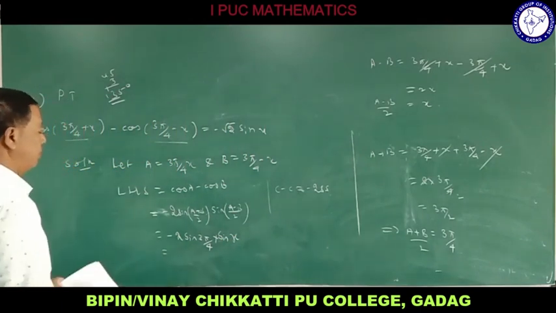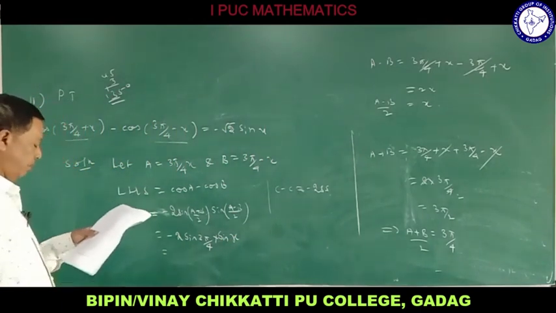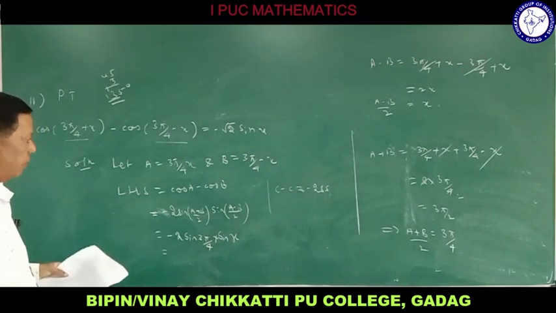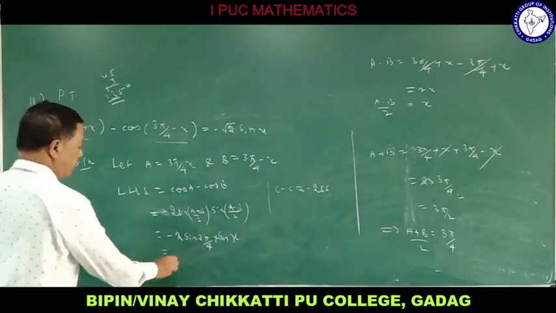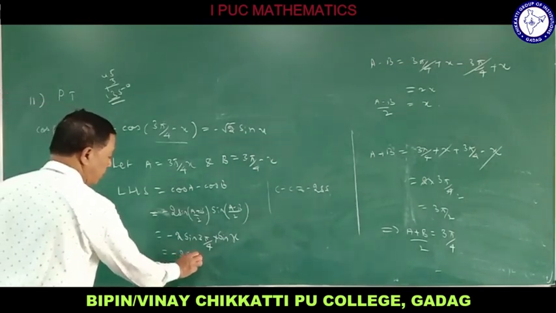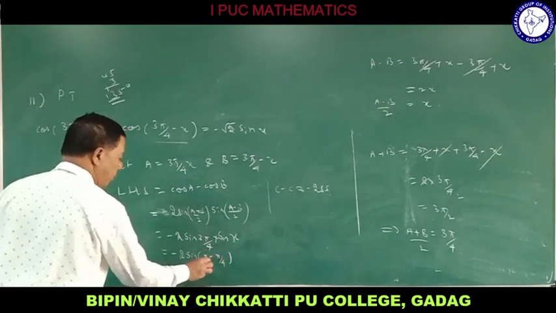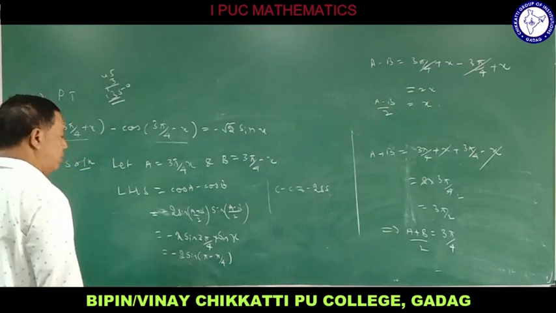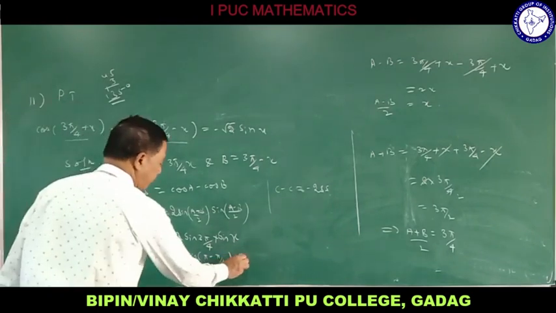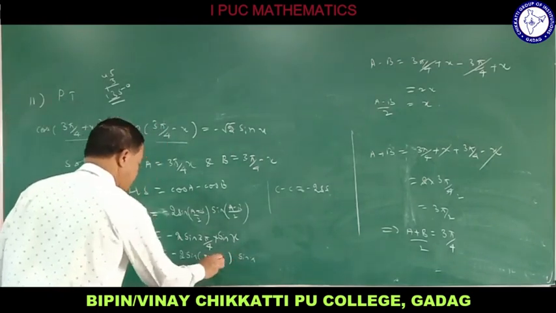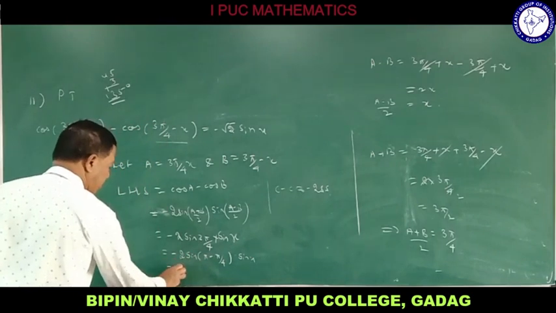Sin 3 pi by 4, you have to simplify the result according to the allied angles. Minus 2 sin of (pi minus pi by 4), that is 3 pi by 4, into sin x. Try to understand, it is the second quadrant where sin is positive.